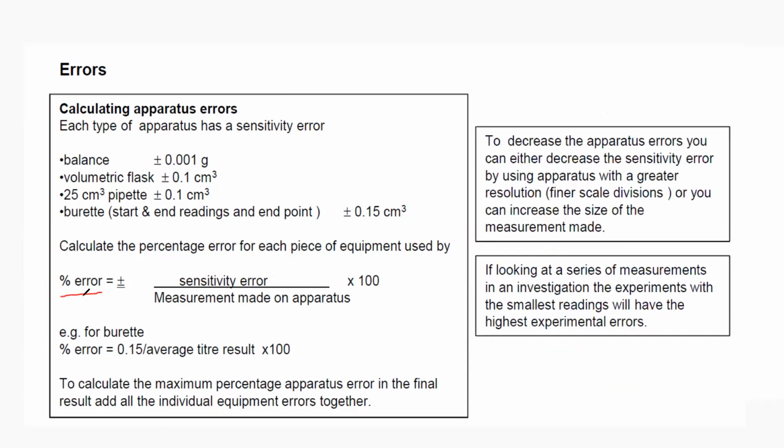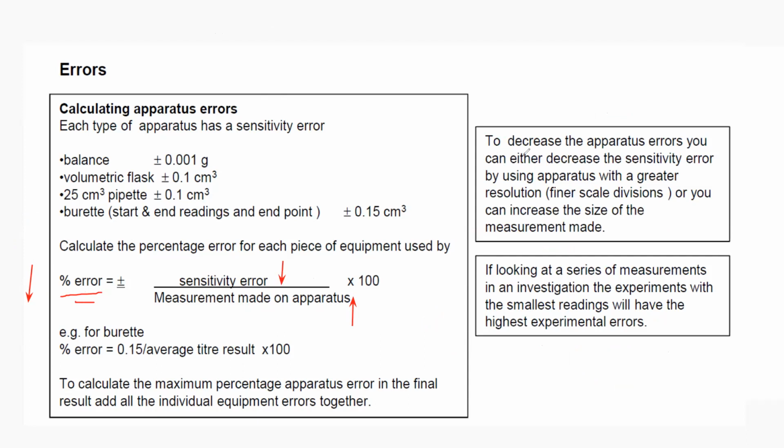If we want to reduce the percentage error, we should use a more sensitive apparatus, or apparatus which has a smaller sensitivity error. Or we should measure a larger volume or larger measurement, because if I increase the measurement size, that will reduce the percentage error.